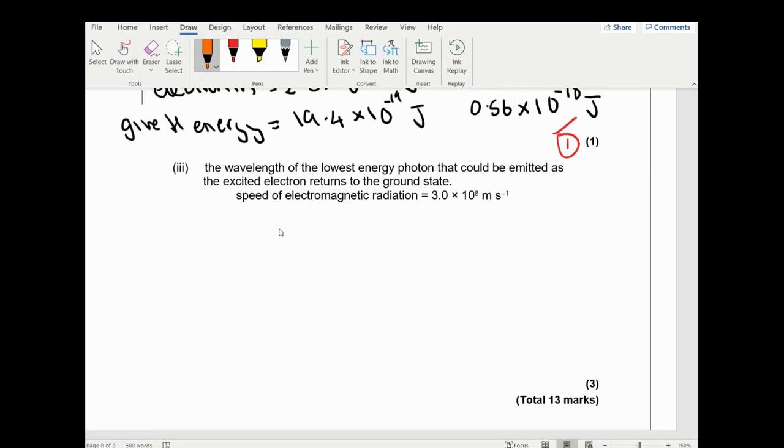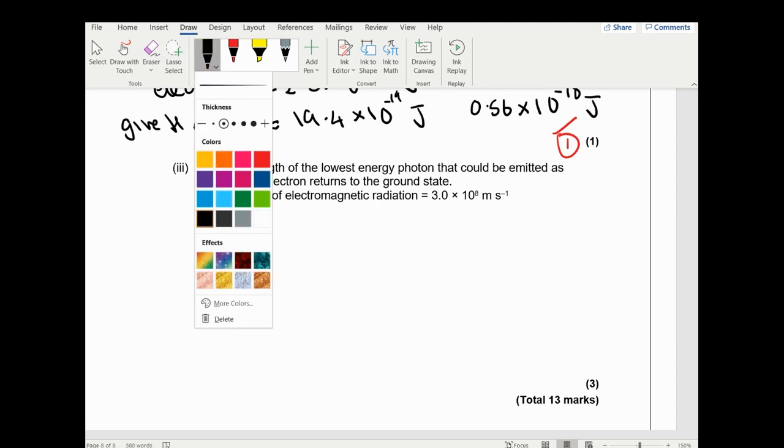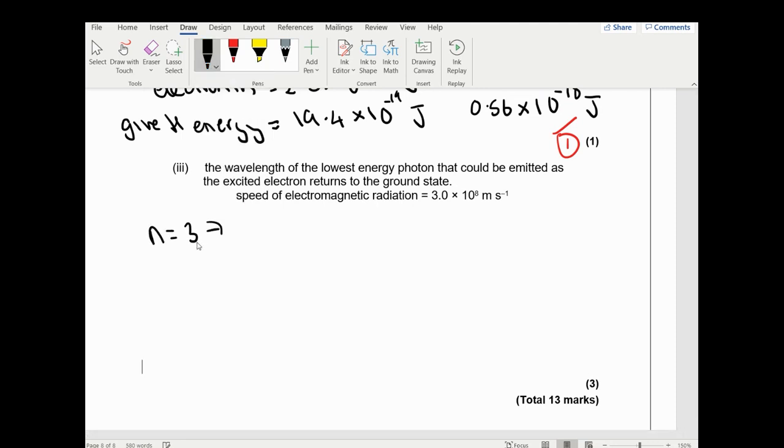So going from n equals 3 to n equals 2, I'm going from minus 2.4 to minus 5.4. So the change in energy is going to be 3 times 10 to the minus 19 joules.